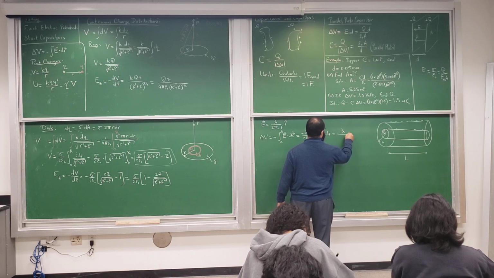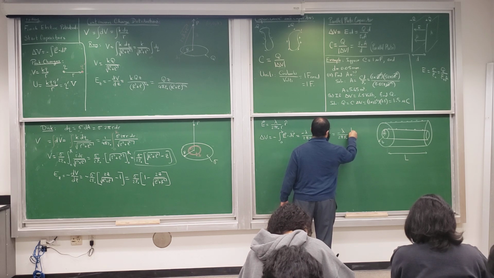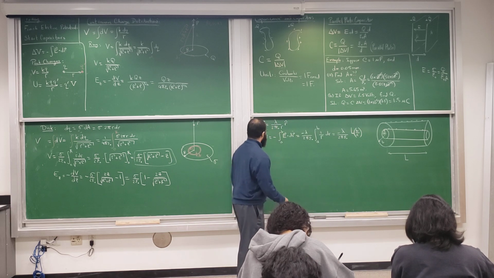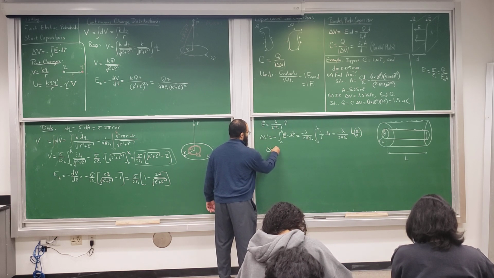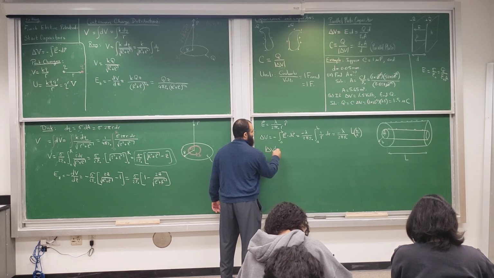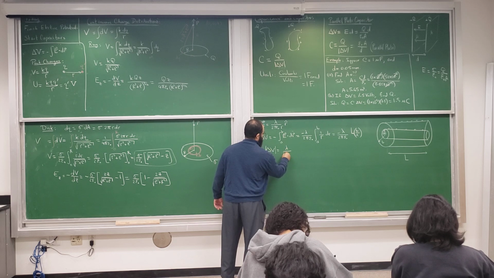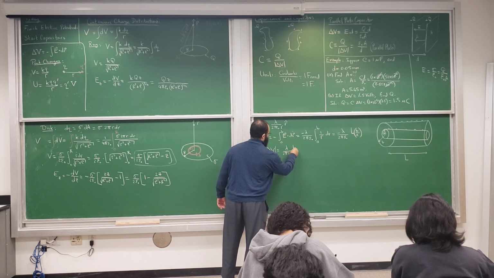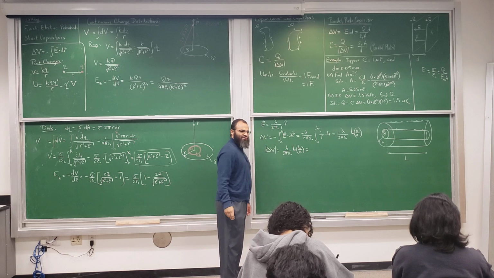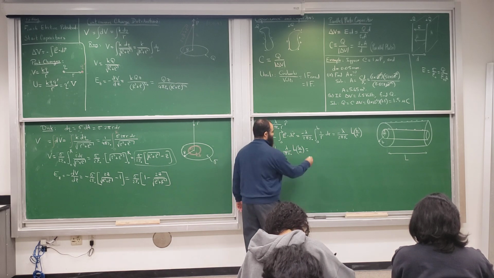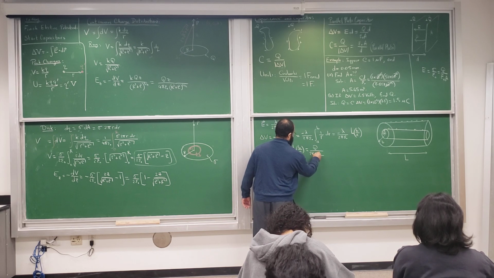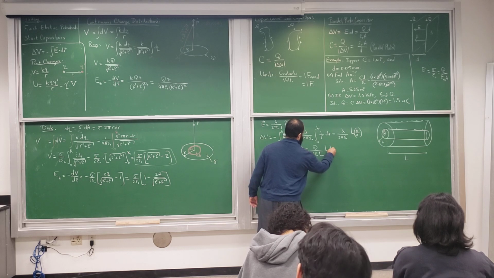So we get minus lambda over 2 pi epsilon naught ln of b over a. Let me write here the absolute value of delta V, which is lambda over 2 pi epsilon naught ln of b over a. What's lambda? We said charge over length, right? So it's Q over L, over 2 pi epsilon naught natural log of b over a.